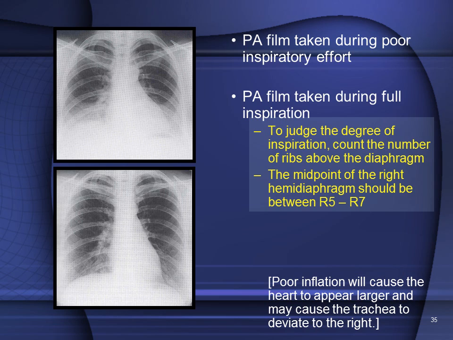So right along this area here, indicated on the image on the left using the laser pointer. The number of ribs that can be counted should be between 5 and 7 if we're using the anterior component of the rib.